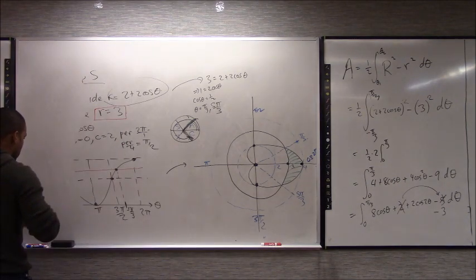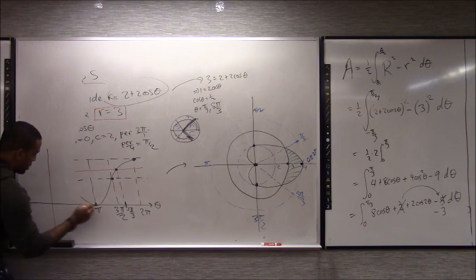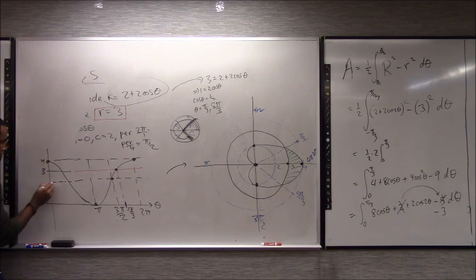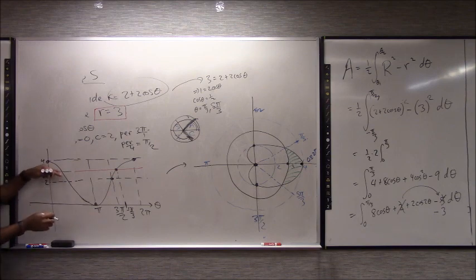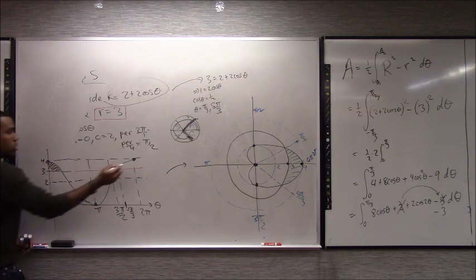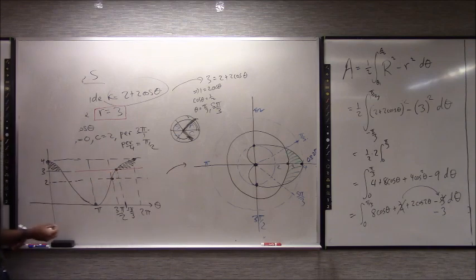Another way you could have seen the angles, I erased it, but you can actually figure it out from this graph right here. Notice that we want what's bounded between the line, what's above the line but below the trig function. Because I want what's outside the circle, so it's a farther distance from the circle, but it's smaller than the trig function.